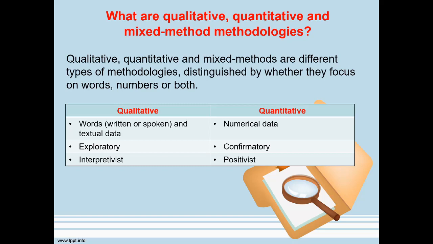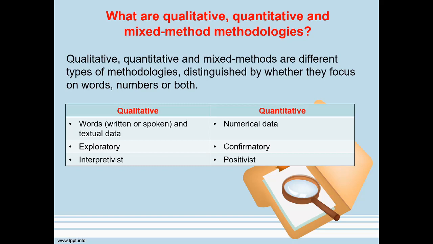Now, the next point of distinction between qualitative and quantitative data is that most qualitative methodology is used when the research aim and objective are exploratory in nature. For example, a qualitative methodology might be used to understand people's perception about an event that took place or a candidate running for president.